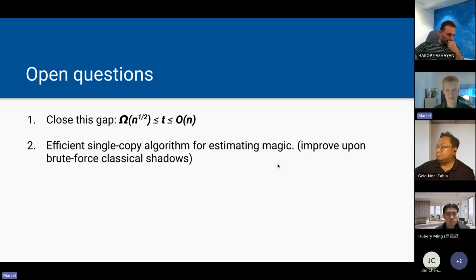But this doesn't answer my question really, because classical shadows don't give rise to a time-efficient algorithm. And actually, I have come across this phenomenon in various other settings before, where you can easily see that classical shadows solves one of your problems sample efficiently, but then you have no way of making it time efficient.